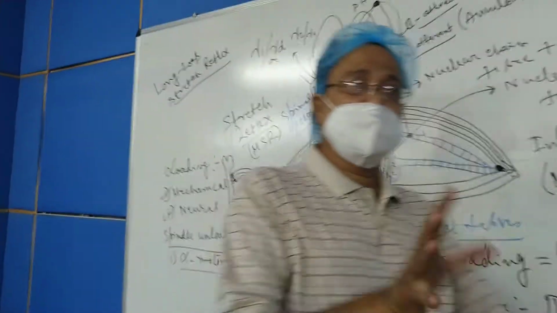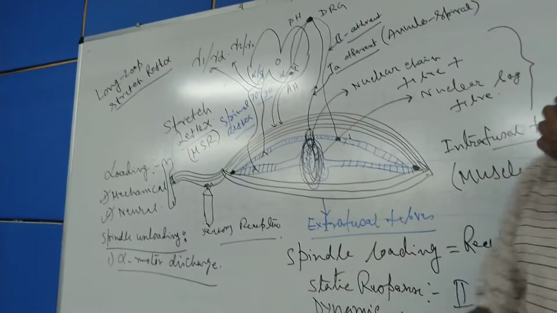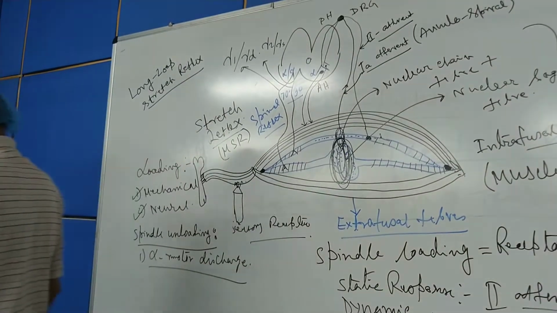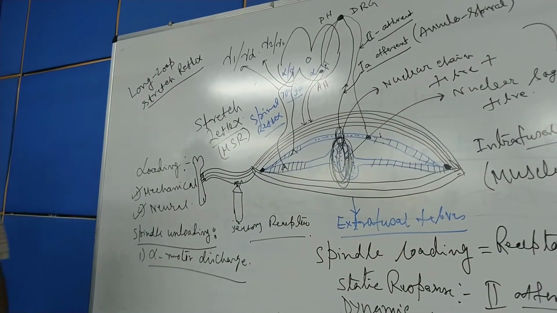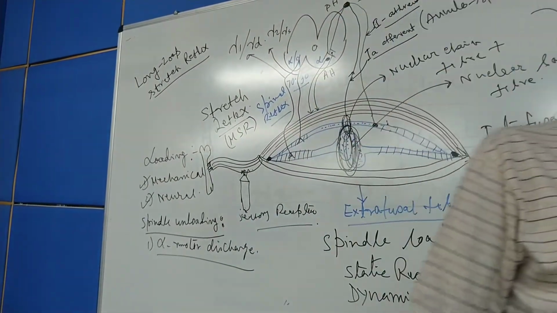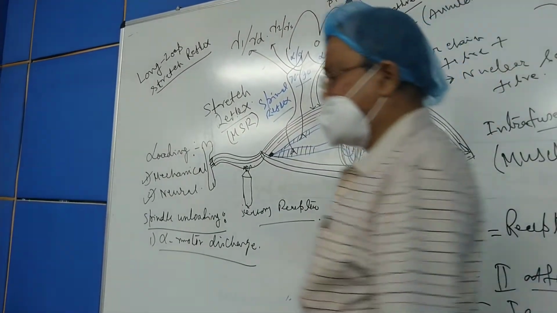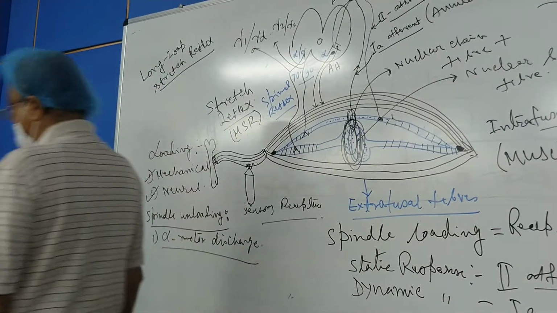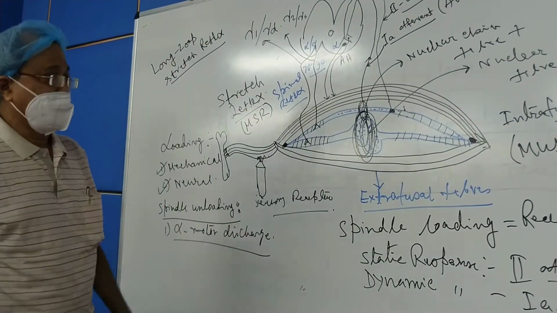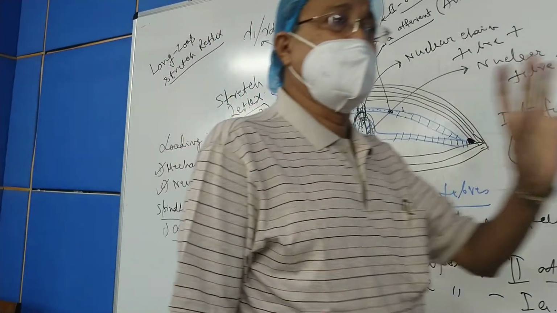This is another important stretch reflex apart from the classical stretch reflex or monosynaptic reflex. This long loop stretch reflex also participates in the maintenance of the length of the muscle fiber, but it is a polysynaptic pathway and its center lies in the cerebral cortex.